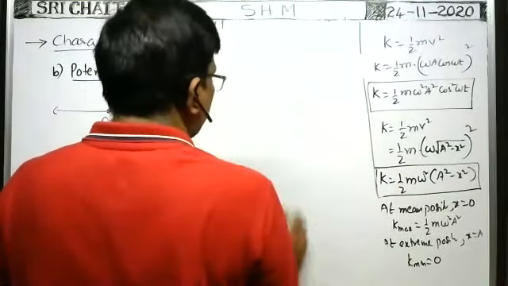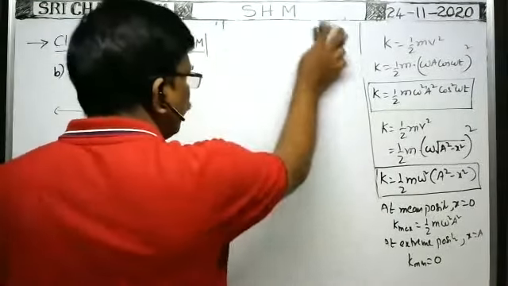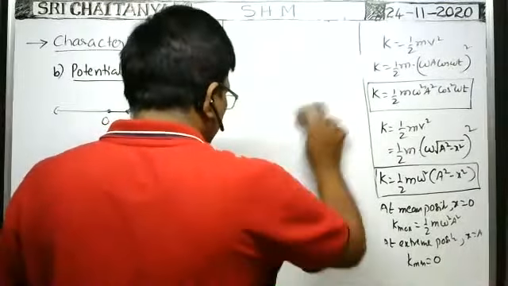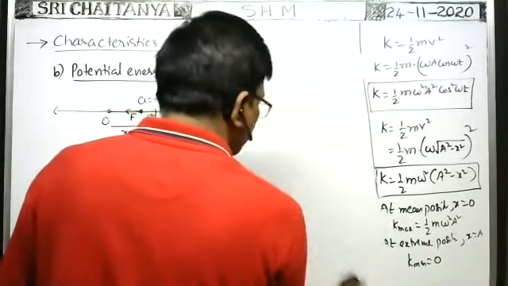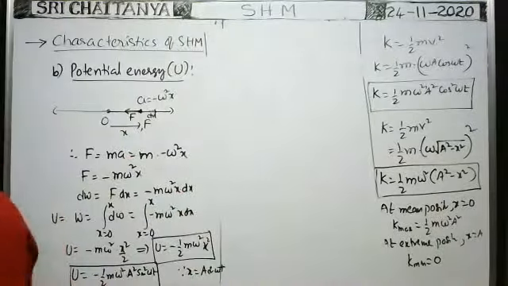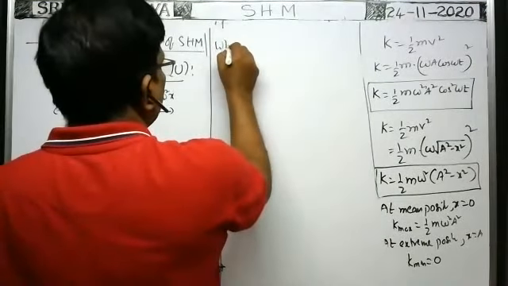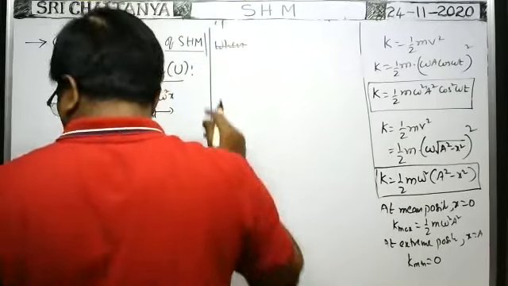So in case of a particle in SHM, at any displacement x, the particle has potential energy and also kinetic energy. So what is the maximum potential energy and what is the maximum kinetic energy? Sorry, minimum potential energy.